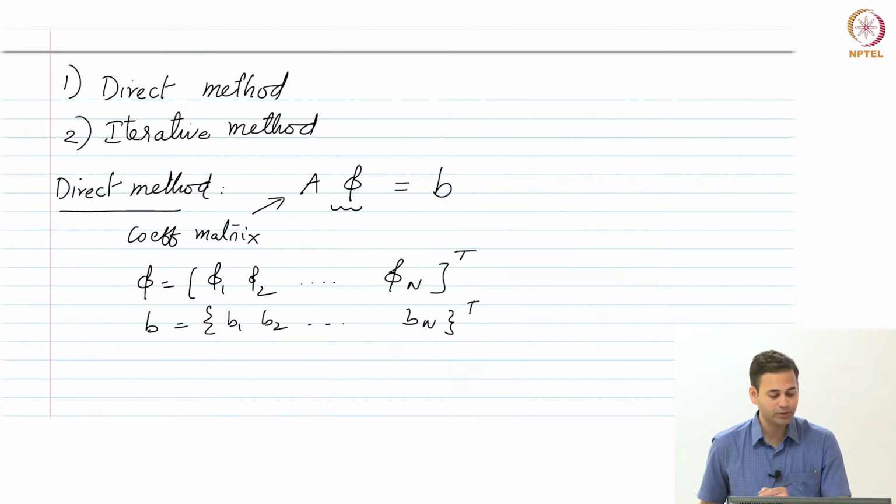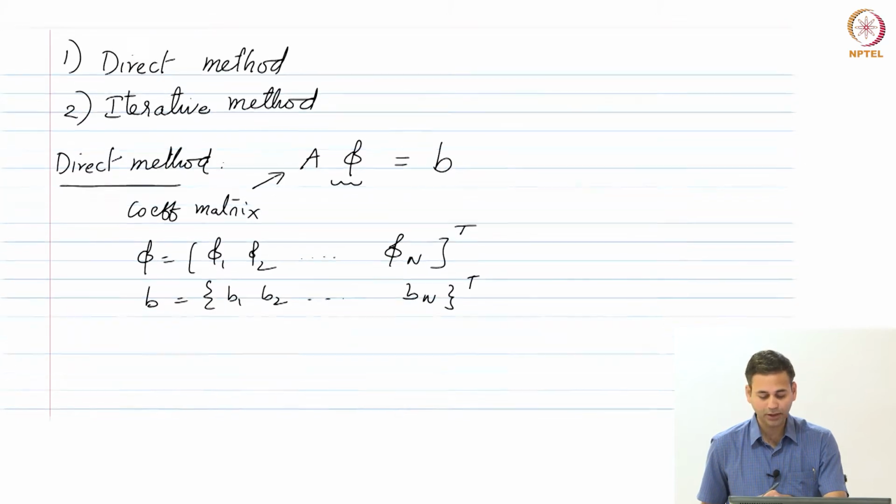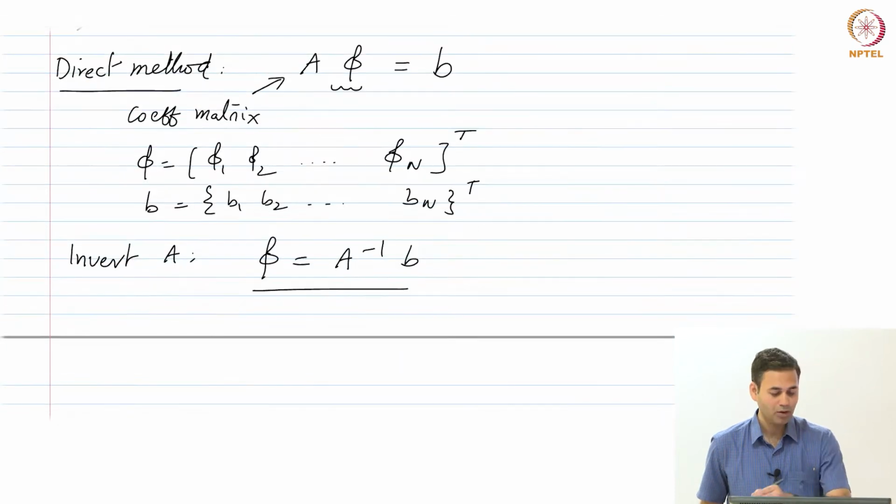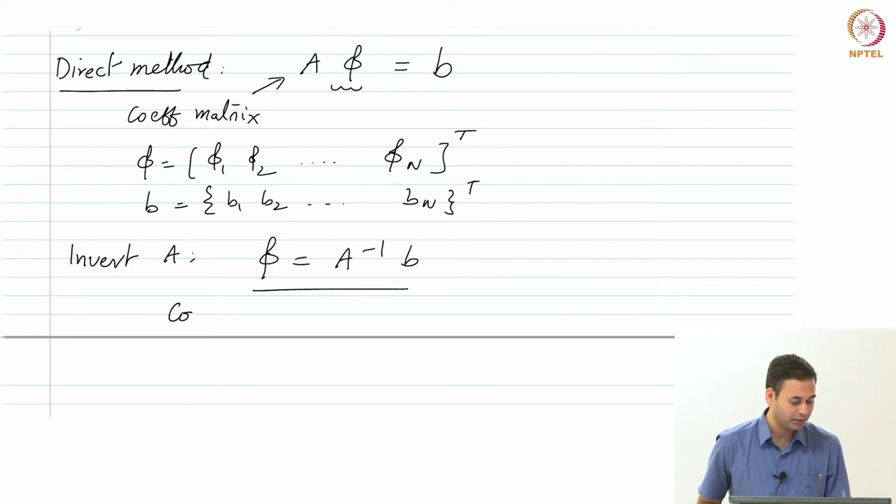So, this is what we set out to solve, and in the direct method you essentially invert the matrix, okay. You invert A, essentially you want to solve for phi equals A inverse B, okay. But we realize that inversion is computationally expensive, right.